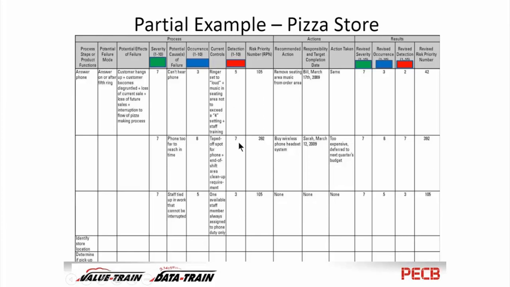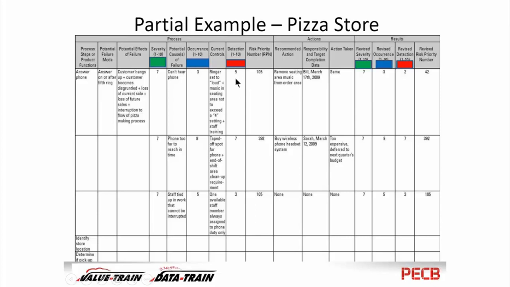The 7 here, they ranked the worst one for detection to be the phone's too far away. Maybe the team decided that people aren't aware of that as an issue, and so they ranked it a 7. I'm not sure I would have, but that's what they did. And they can't hear the phone, they ranked that as a 5.